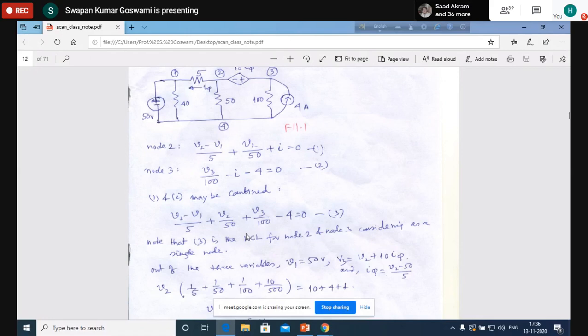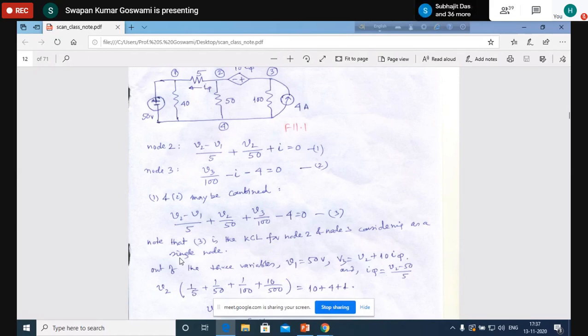All right. Basically, Kirchhoff's current law we write for a single node, but that is not limited. KCL may be written for a part of the circuit, as here we have written the KCL for this part of the circuit, node 2 and 3 joining as a single node. Sometimes more than two nodes also may be joined together and considered to be a single node.